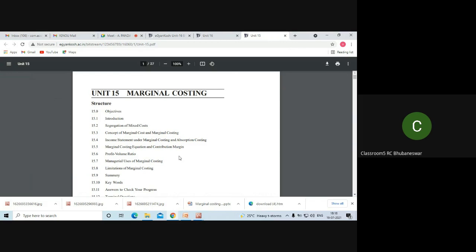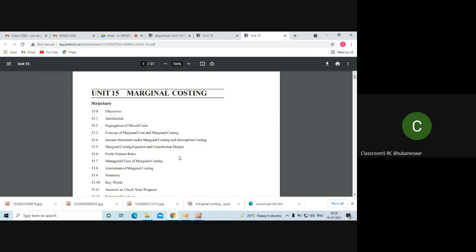Sales which are actually effected minus sales at BEP will give you the margin of safety.